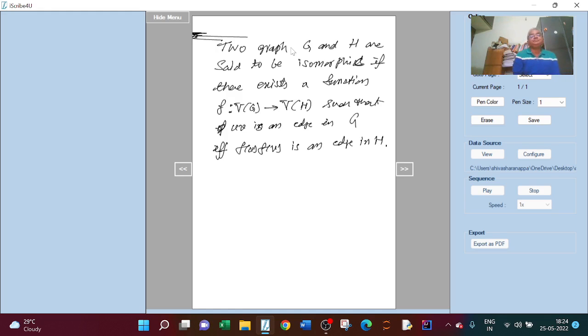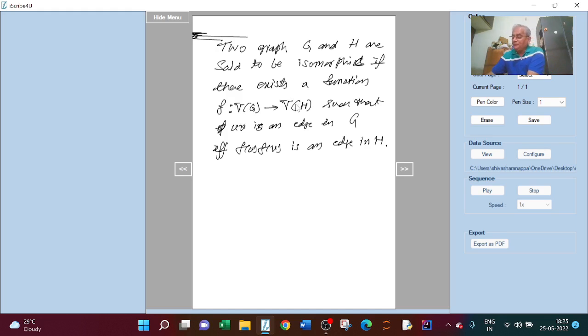Clearly, the number of vertices in G must be equal to the number of vertices in H, and the number of edges in G must be equal to the number of edges in H. The adjacency is preserved here. That is, if two vertices are adjacent in G, then the corresponding vertices in H must be adjacent.